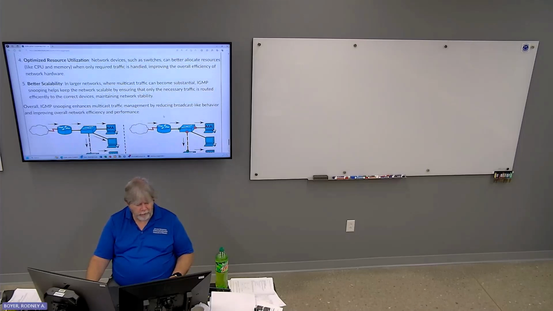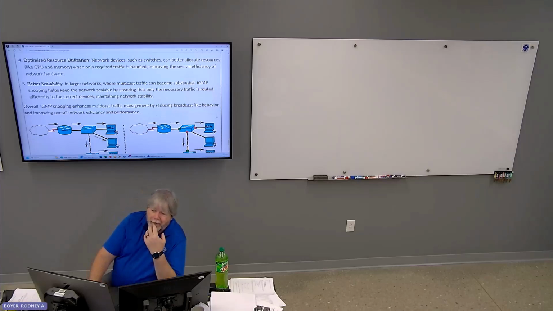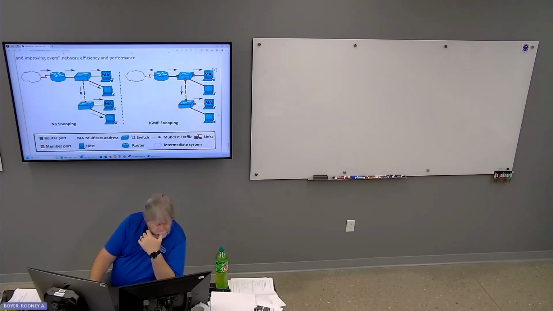Overall, IGMP snooping enhances multicast traffic management by reducing broadcast-like behavior. So you can talk to only those that you want to talk to instead of everybody. Definitely see the advantage to that. And that is just a graphic that shows the difference between snooping and not.